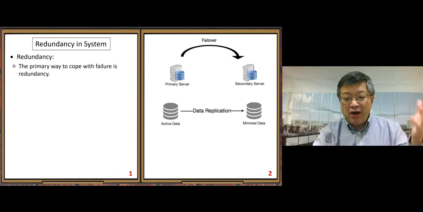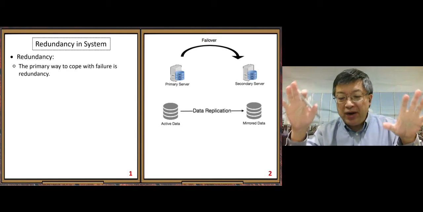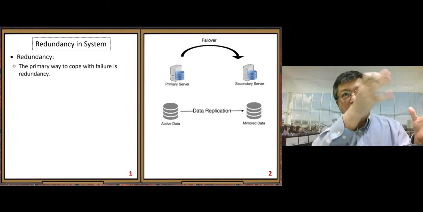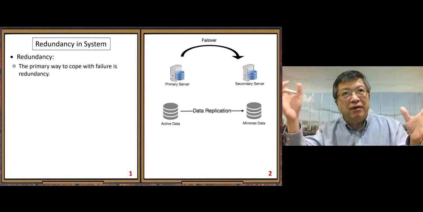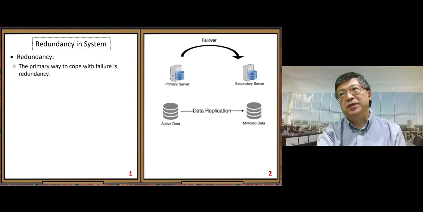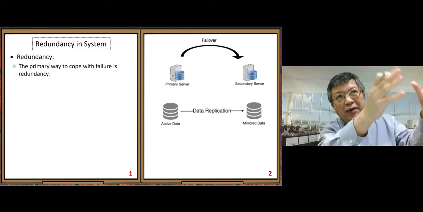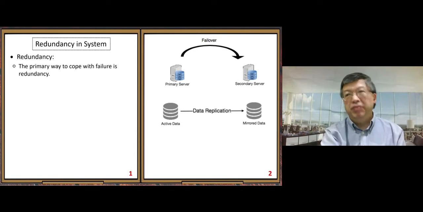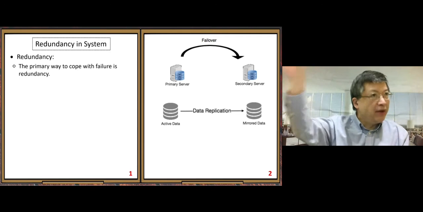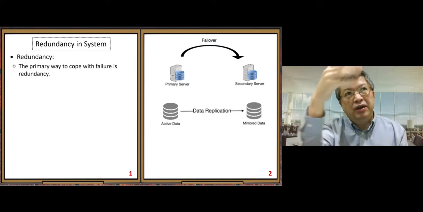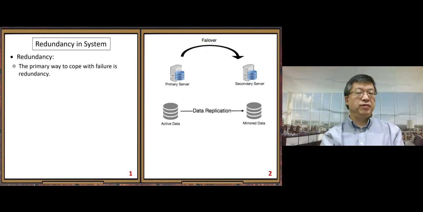For the database part, also, you have the mirrored data, redundancy, different copies of the same data. So in that way, if at one location the data gets some problem, then you have other copies in different locations. Still provide the normal services.